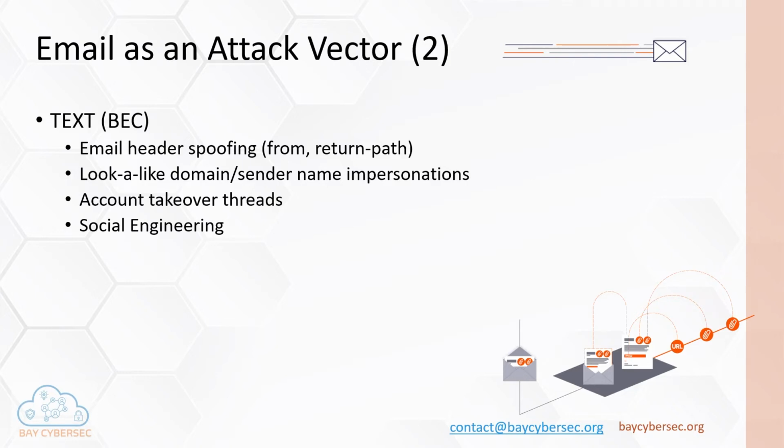This is a very popular type of attack because it's very easy to implement. Another interesting thing we've seen inside BEC-type attacks is that they spoof not only the from address, but also the return path inside the SMTP protocol. They might send from one address but want the reply to go to another, which also helps with credibility.